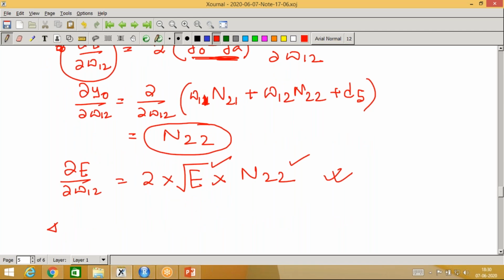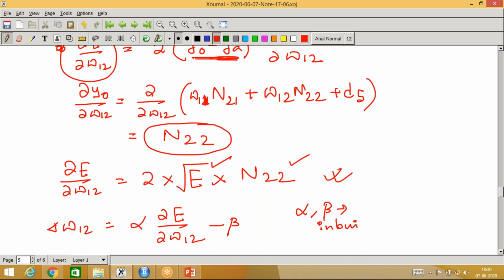As I told, W12 will be updated by alpha into delta E delta W12 minus beta. Alpha and beta values are inbuilt until we become very advanced, like expert. We will not play with alpha and beta, and this value I just derived, and this can be calculated.